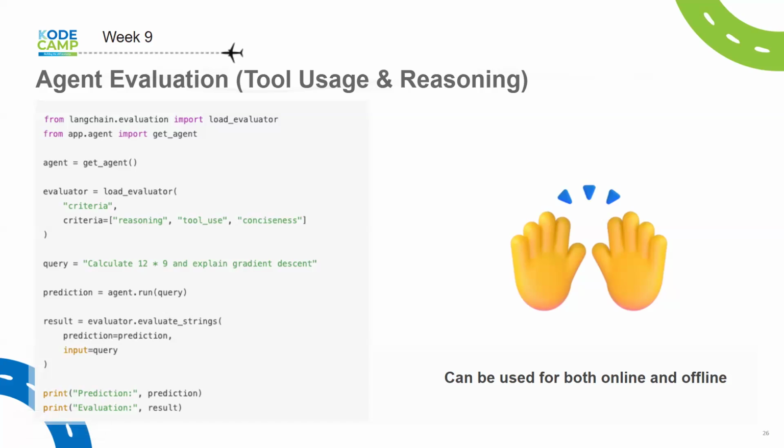But if on the other hand it is online, that means you already have the input and the output that the model generated, and then you just run it, compare against your own reference. By the way, when you are doing online, the inputs may not always match because this is in real production, right? So the input may not match.